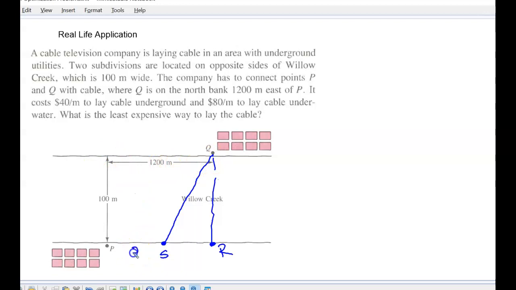So I'm going to call PS x, and SR, obviously, would be 1200 minus x. And we know that this side here is also going to be 100 meters because the width of the river is 100 meters. So we are going to let x equal the length of cable underground.